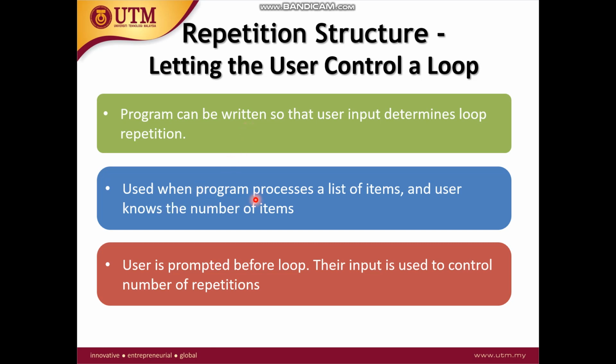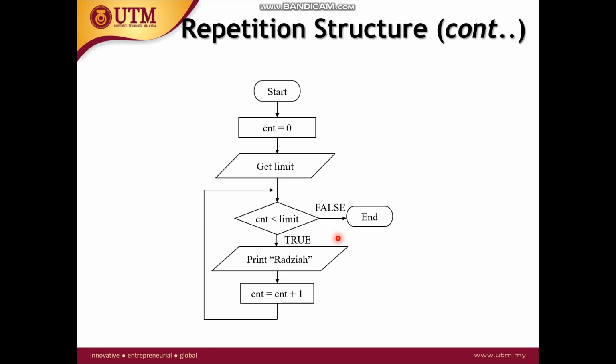This is used when the program processes a list of items and you know how many items are going to be processed. To do this, you are prompted to enter the number of iterations before entering the loop. Here you have an example.